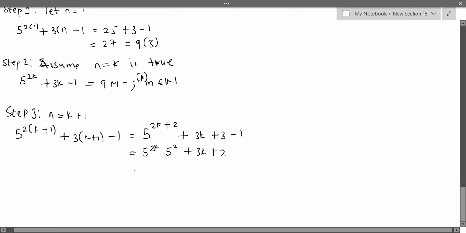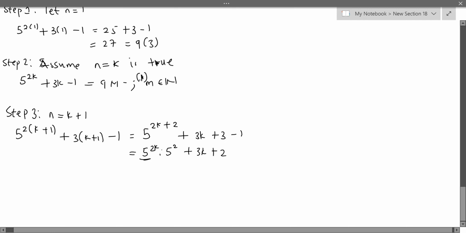Okay, so this is what we get. So remember that in the principle, you will need to use the first step. How are we going to use it in this case? Let's try and get rid of the power. In this expression, we have 5 raised to the power of 2k.